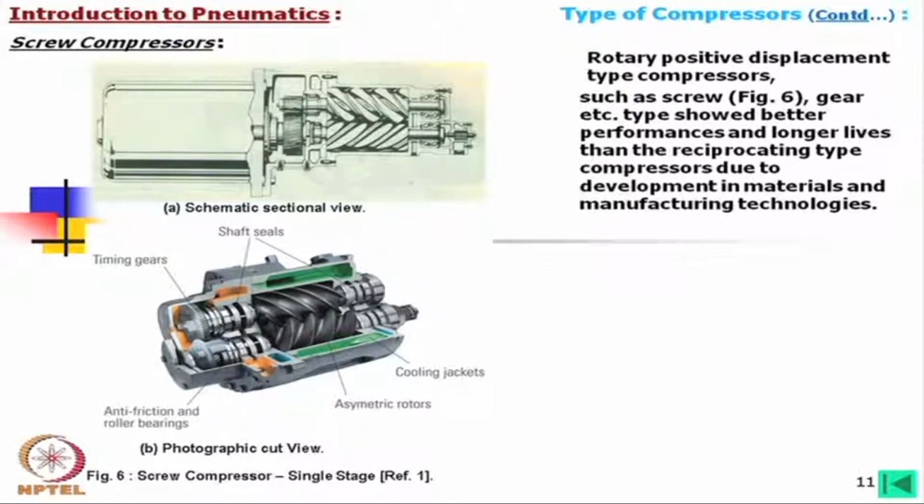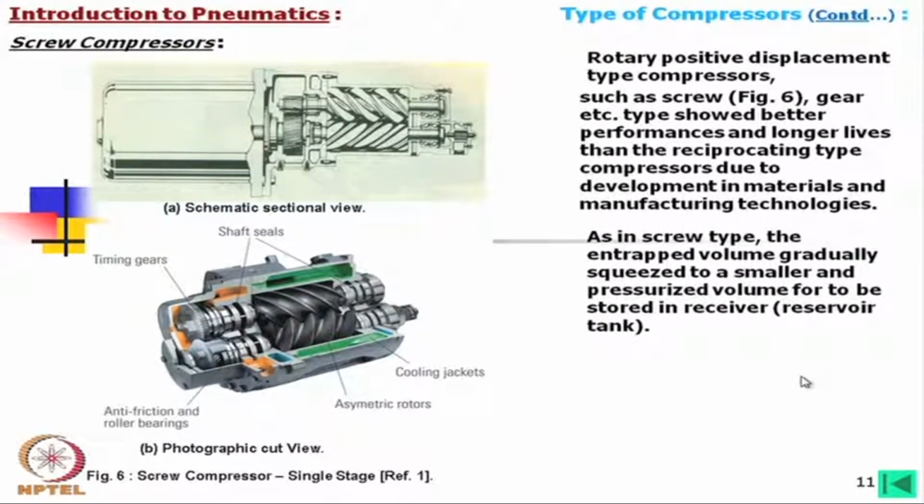So, where moderate volume is required with very high pressure, maybe the screw compressor is better than the cylindrical piston type. In screw type, the entrapped volume is gradually squeezed to a smaller and pressurized volume to be stored in the reservoir. Usually you will find the axial inlet and the outlet in the radial direction at the other end, and these are the cooling jackets.